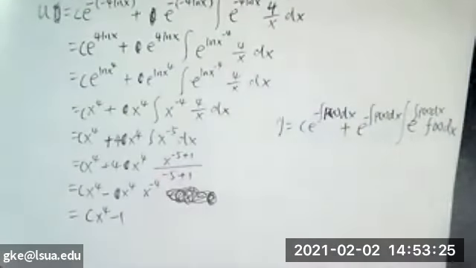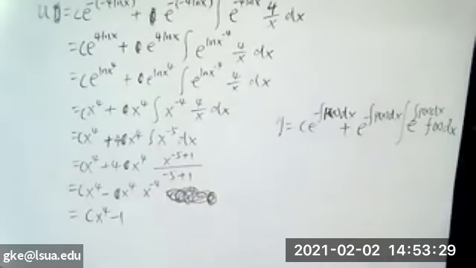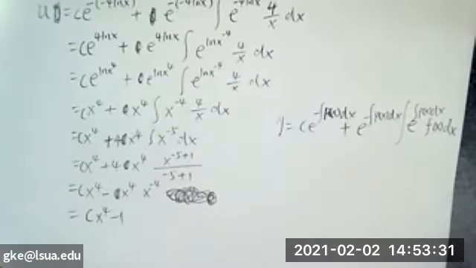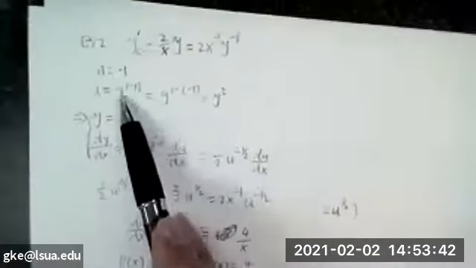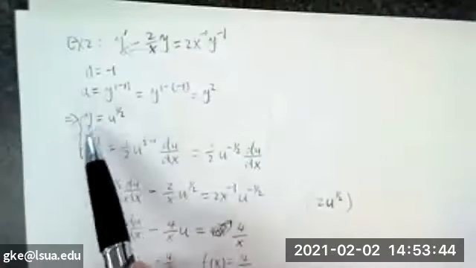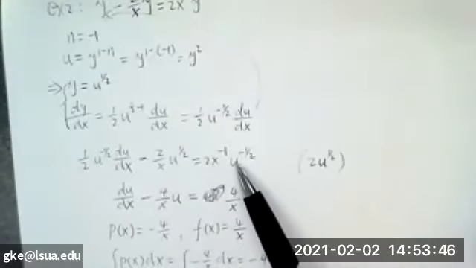Okay. So for this case, we got cx to the power 4 minus 1. Is that over? No, it's not over. U equals this guy. Here is about y, right? So we're gonna plug in back.